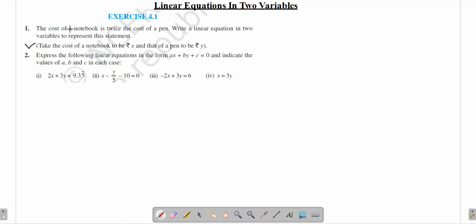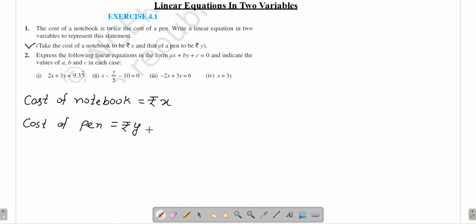So let us read the question once again to frame the equation. The question says the cost of a notebook is twice the cost of a pen, and the hint says let us consider the cost of a notebook as rupees X, and the cost of a pen as rupees Y. The question is quite simple.